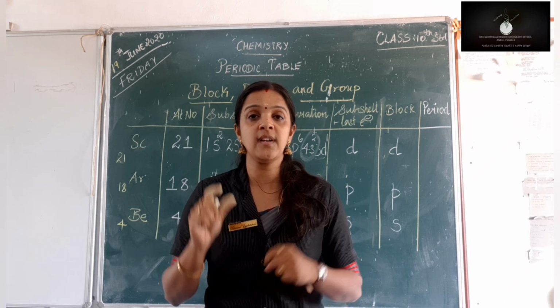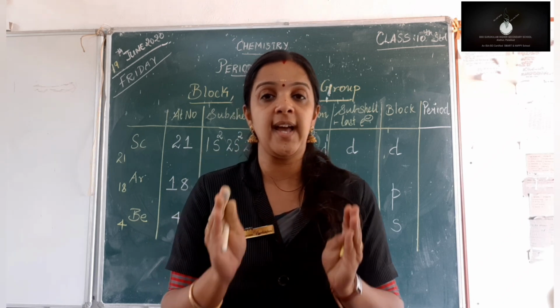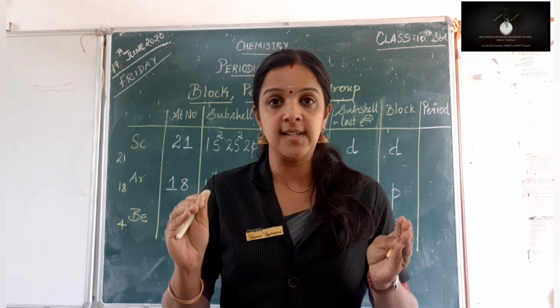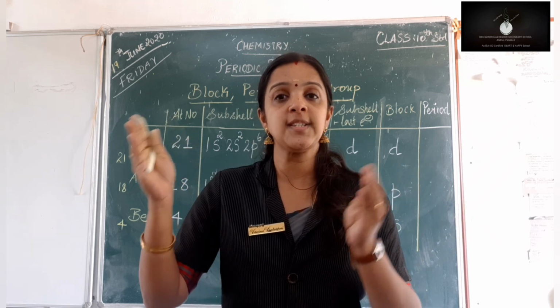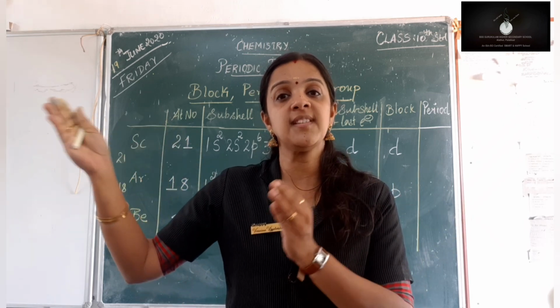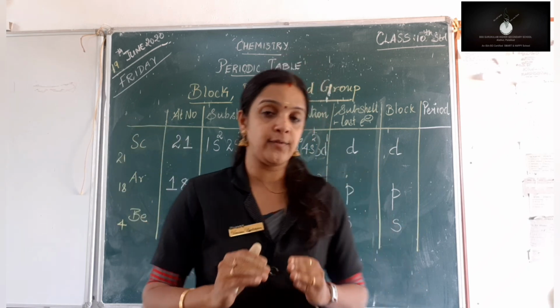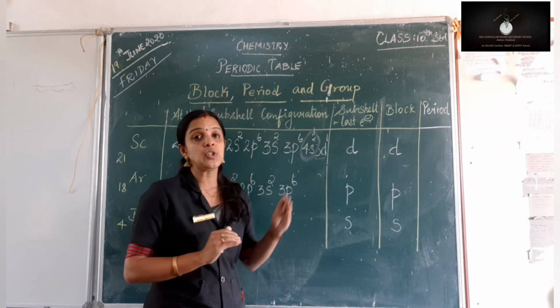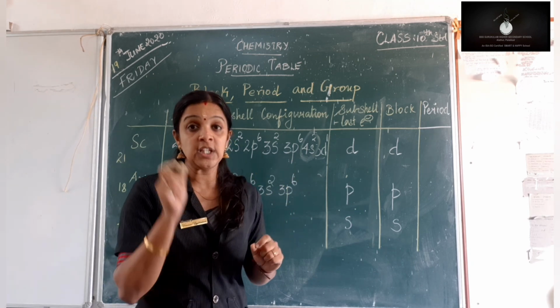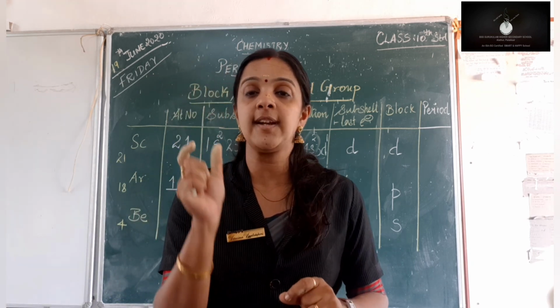Each shell number according to their energy level has different subshells, that is 1s, 2s, 2p, 3s, 3p, 3d, 4s, 4p, 4d and 4f.